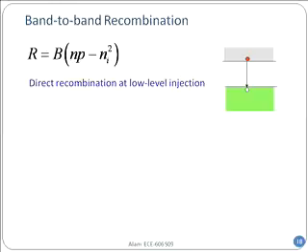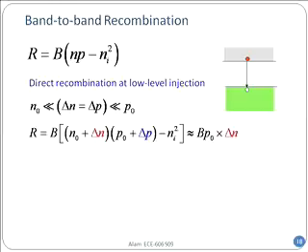But for now, let's assume that it's a simple formula, or life is simple. And if you want to handle low-level injection in gallium arsenide, a direct band gap material, then you will just do this. It's a p-doped material, let's say. You'll expand it and you will drop terms. You will say delta N is equal to delta P. The second order squared term you will drop, and eventually you will get an expression proportional to delta N, the excess generation you have.